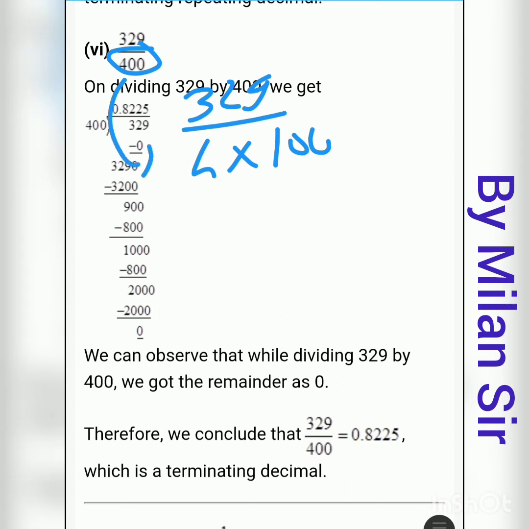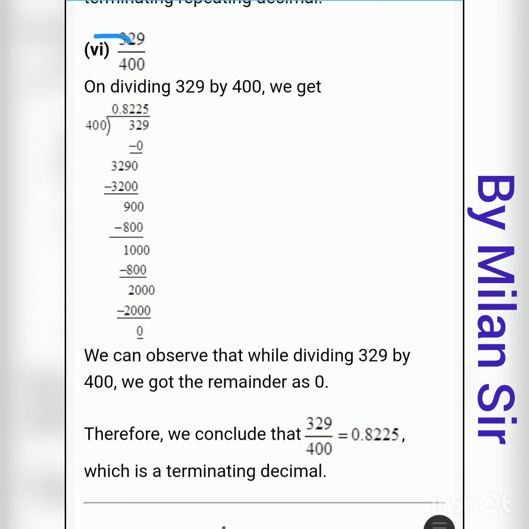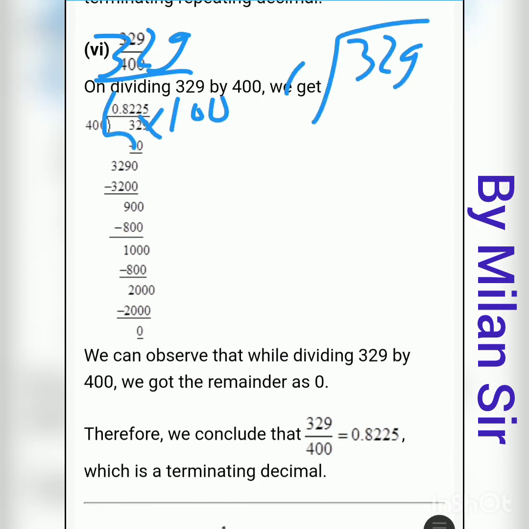So first of all divide 329 by 4. 4 8s are 32.